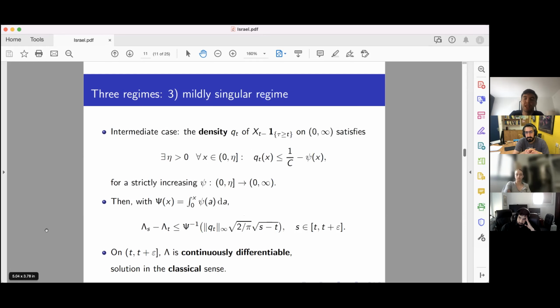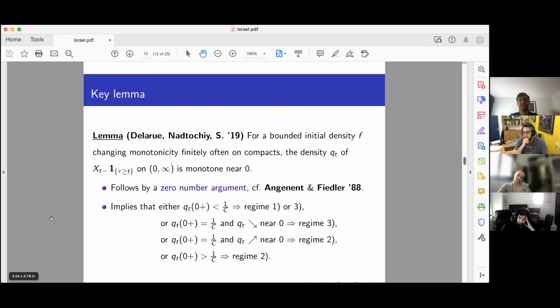Once you can establish that, you're essentially done. It's not so difficult to get uniqueness of the solution and to establish existence. To establish that only those three regimes are possible, the main lemma is what you see on this slide. That's the key to the whole paper and the whole argument.